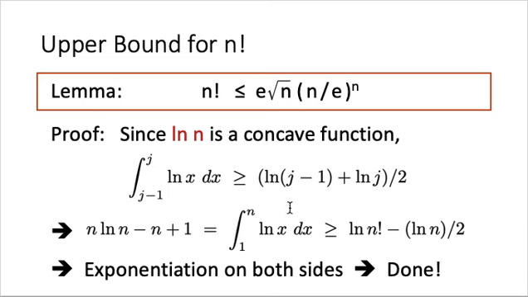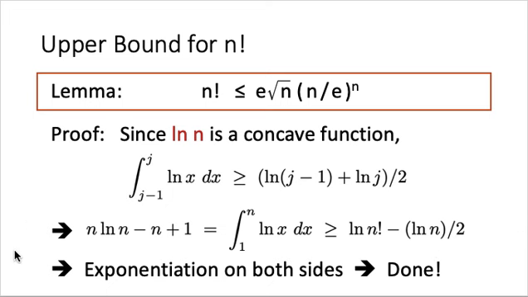On the other hand, when we do this integration, we find that this value is exactly equal to this one. So we have n log n minus n plus 1 is greater than or equal to log of n factorial minus log of n over 2. Now when we take exponentiation on both sides, we immediately get this lemma. So we are done. I will leave this for you as an exercise. This is very simple.